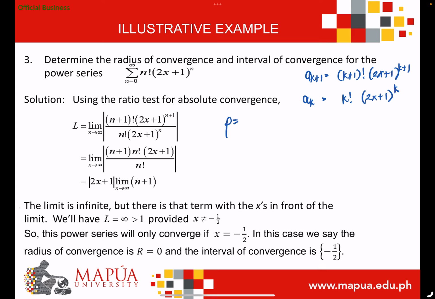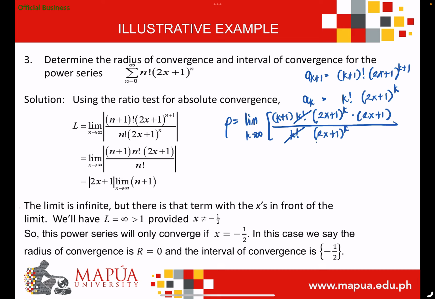So your rho is the limit as k approaches infinity of (k + 1) factorial, which is (k + 1) times k factorial, and (2x + 1)^(k+1), which is (2x + 1)^k times (2x + 1), over k factorial times (2x + 1)^k. We can cancel out similar terms and evaluate the limit.